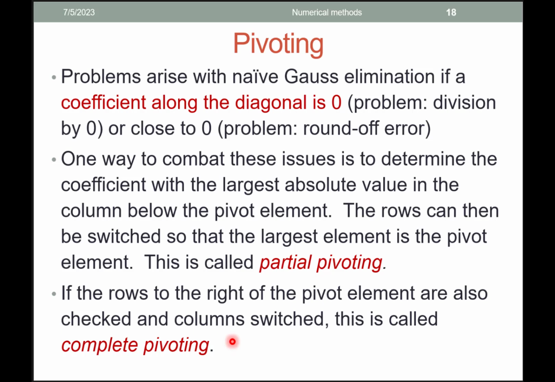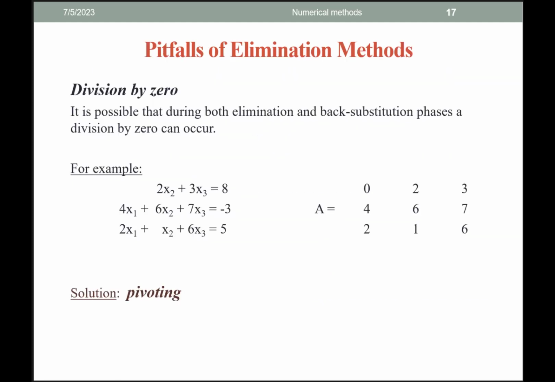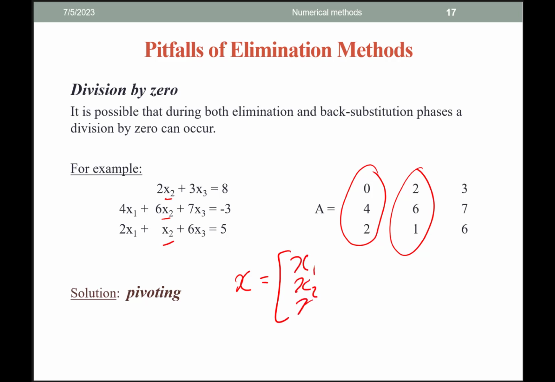So one important thing to note here, if I'm switching the columns, so let's go back to this slide. If I switch column 1, this column here, with this column, then the x's are also switching. So the x vector initially was x1, x2, x3.